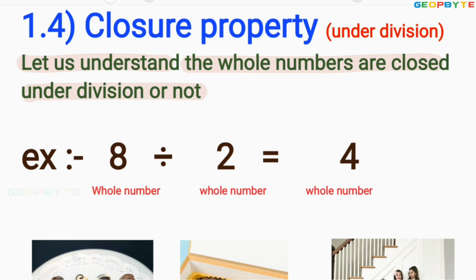Let us take the example. 8 is a whole number divided by 2, a whole number. 8 by 2 equal to 4 is also a whole number. That means if you divide one whole number by another whole number, you are getting one more whole number.